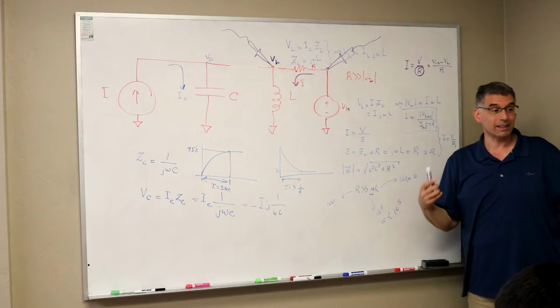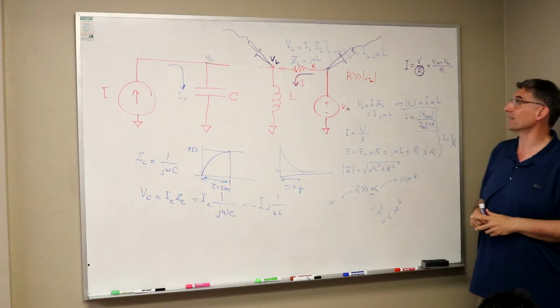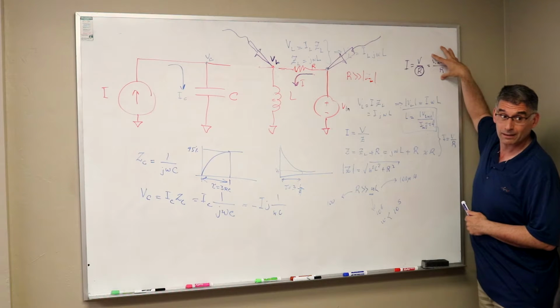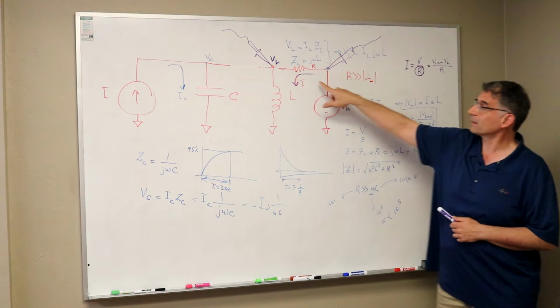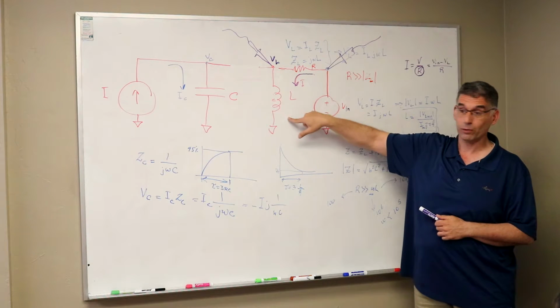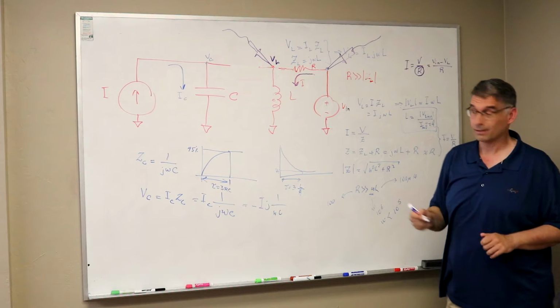And again, the important thing that I want to bring your attention to is this: once I do this and I get the current, it's the current through the resistor, which is also the current through the inductor, because it's a series circuit.